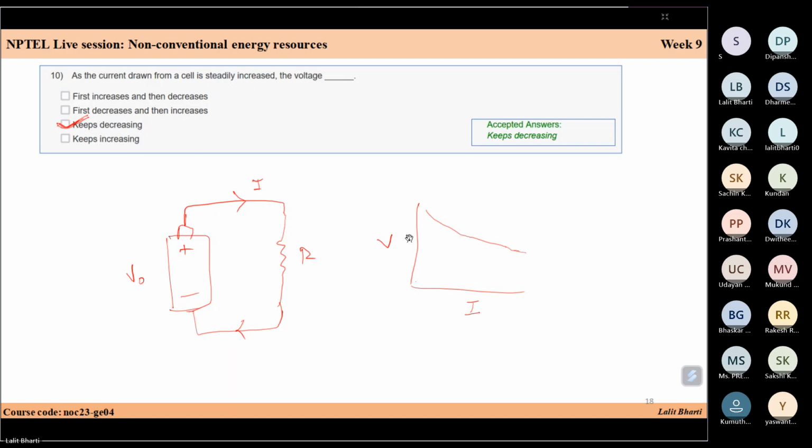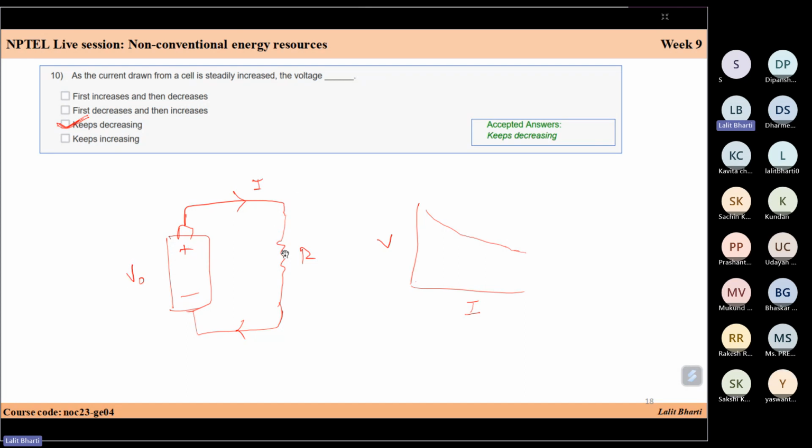Then we have the 10th question. It says, as the current drawn from a cell is steadily increased. So this is basically a cell or battery which has a VOC of V naught.